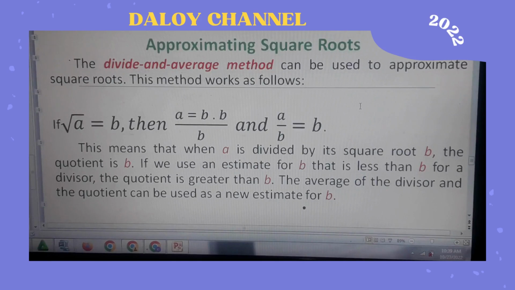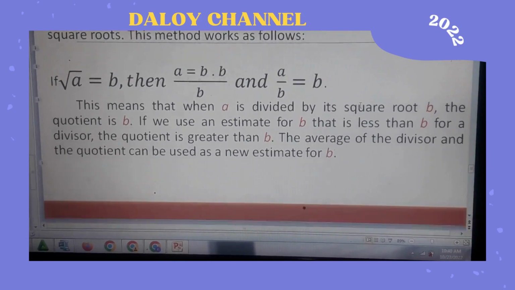If the square root of A is equal to B, then A is equal to B times B. Dividing both sides by B, A over B is equal to B. This means that when A is divided by its square root B, the quotient is B. If we use an estimate for B that is less than B as the divisor, the quotient is greater than B. The average of the divisor and the quotient can be used as a new estimate of B.